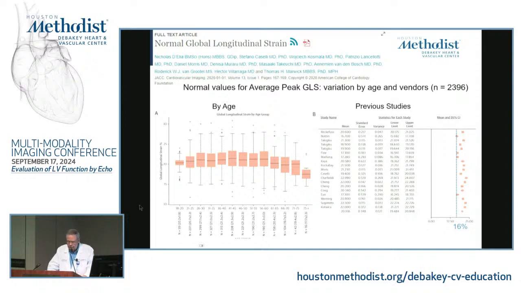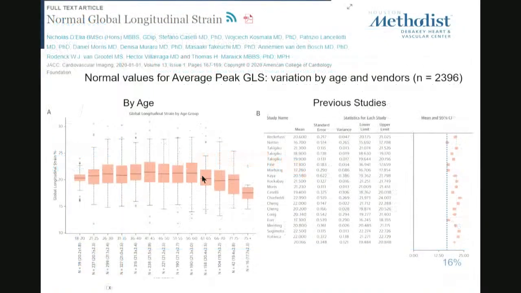So this is an important publication, is the fact that looking at large samples, 2 things are picked up. 1, there's a little reduction in GLS as we get old. So I do not want to measure mine. But there is a slight drop as the heart gets more senile. In addition, there is variability between machines.